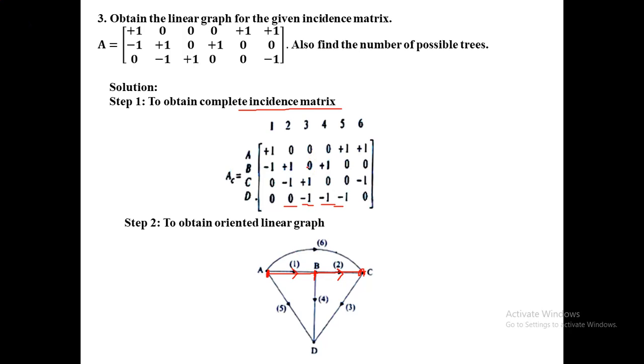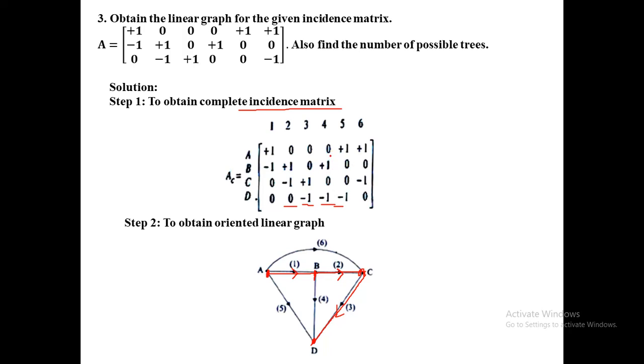Next column is C and D. Here we are having C but we don't have the D value. Here we have to put the D node, and then join the line C and D. D is having minus, so the arrow should be in this direction.